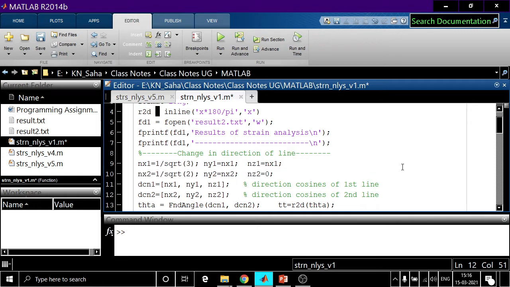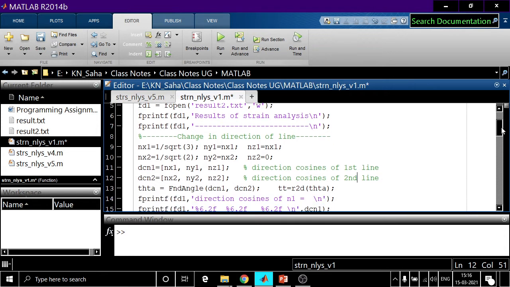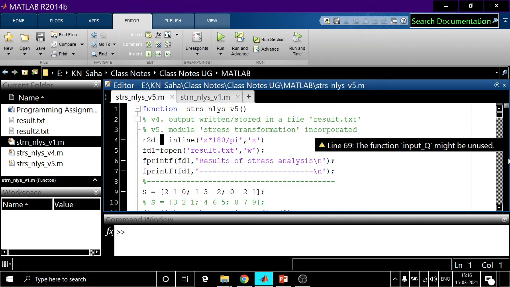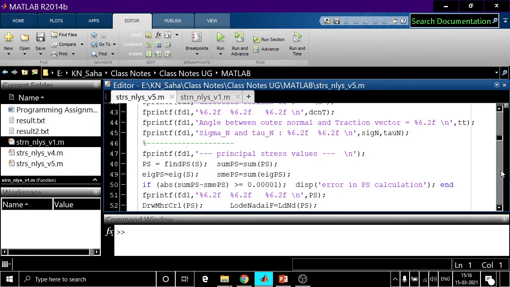And then what we did, we have created a subroutine, or you can say a function, which is find angle. You recall that in our stress analysis program also we had such a module to determine the angle between the traction vector, the principal stress along the outer normal, and the direction of the vector n.